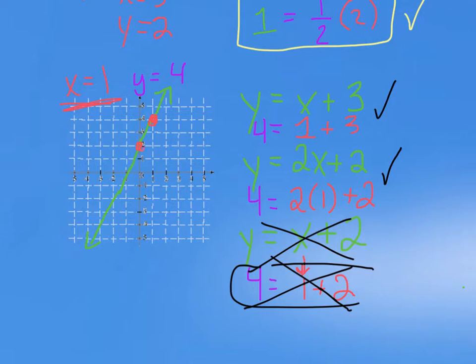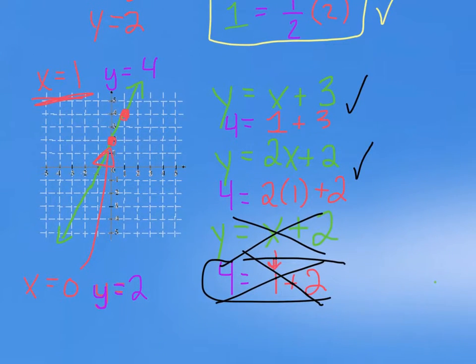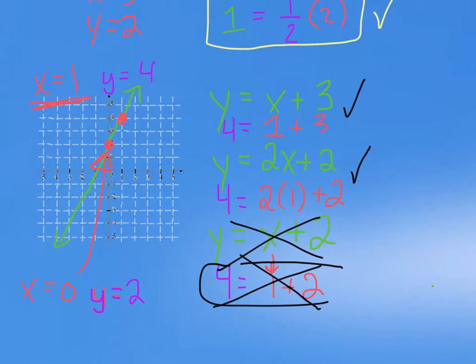And if I back up a little bit and try this point here, let's see what happens. So this point, this guy here, has an x value of 0 and a y value of 2. Let me just move over a bit. Okay, so back to our first equation, we're going to write 2 equals x plus 3.